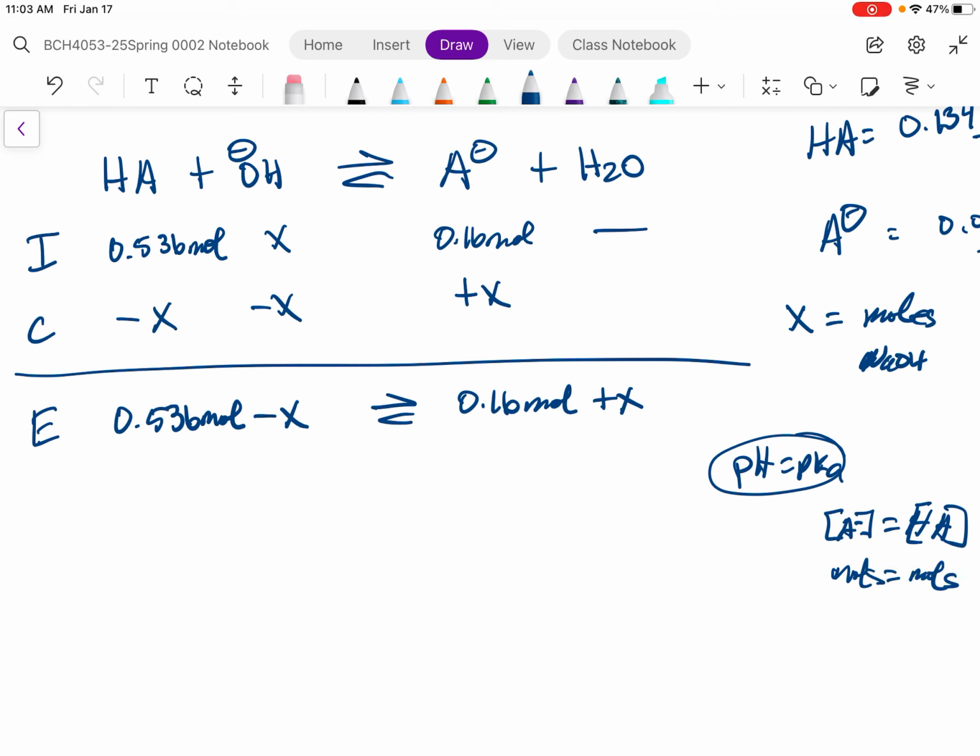Since we're dealing with moles, we can set these two expressions equal to one another, and now we solve for X.